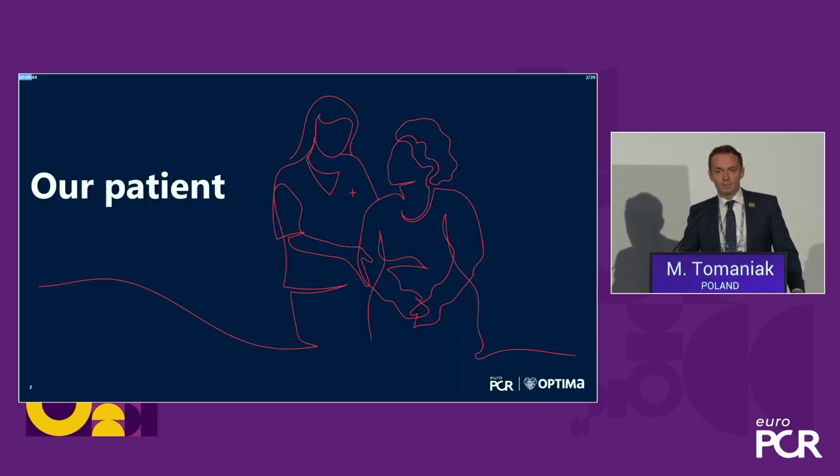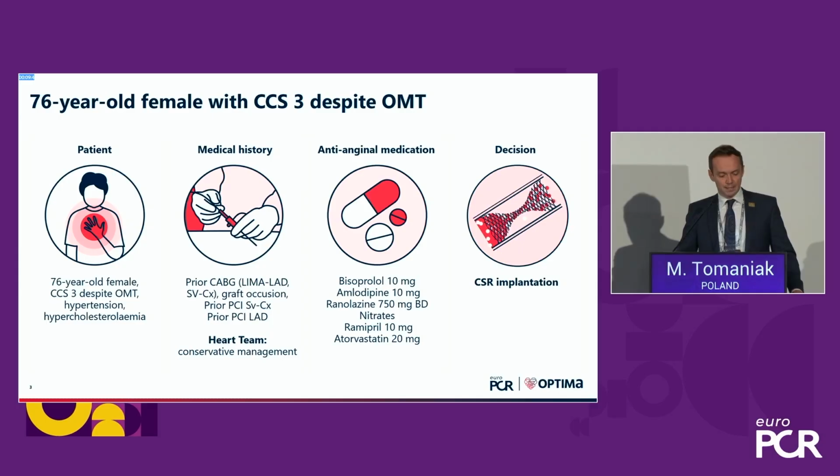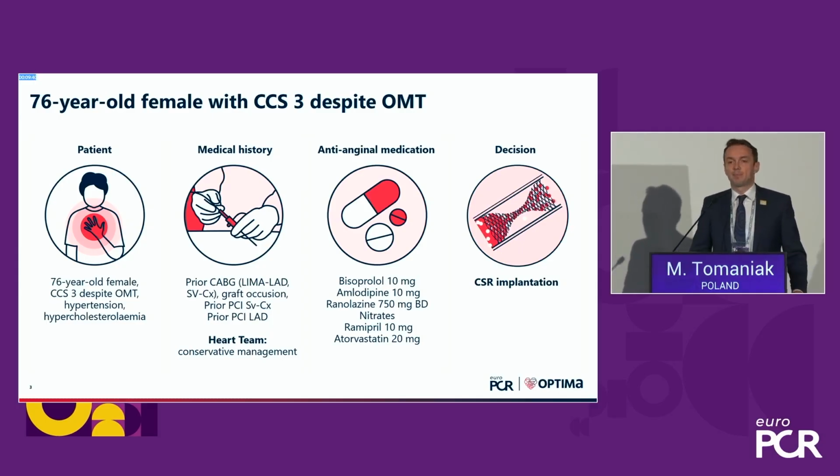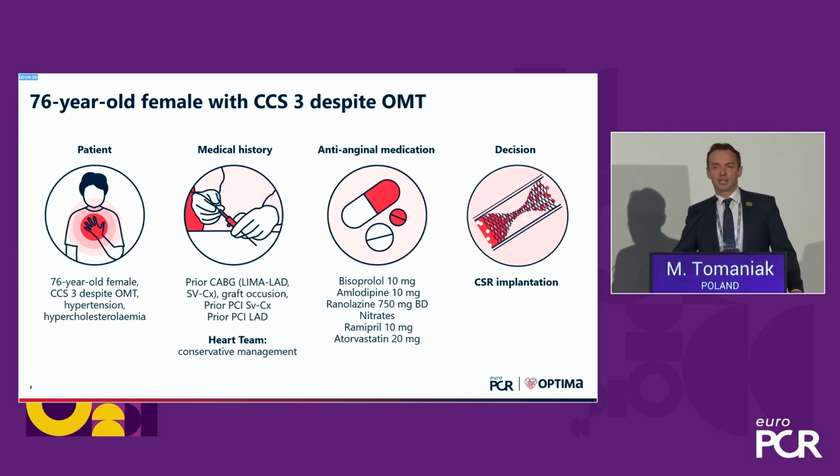Let me start my talk by sharing with you this 76-year-old female patient with CCS-free angina despite optimal medical therapy. She underwent several interventions, both percutaneous and surgical, and at some point the heart team decided to qualify her for conservative management. She had her anti-anginal medication extended and up-titrated.